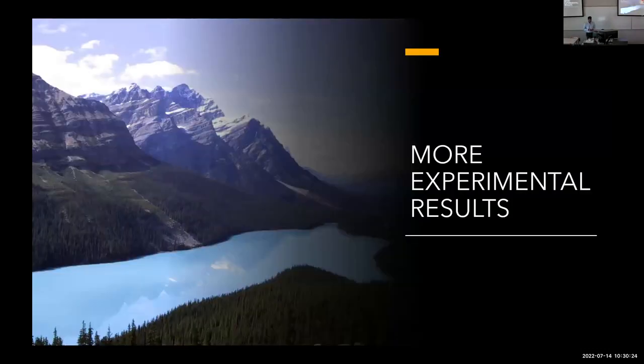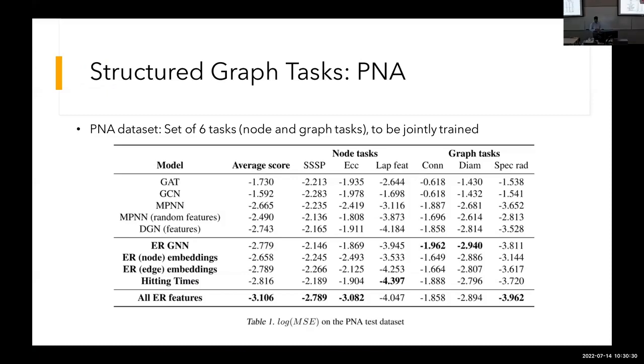Okay, so then I'll share some more experimental results, just for the last couple of minutes. One of the things we looked at is this PNA data set, which was highlighted in the Principal Neighborhood Aggregation paper.